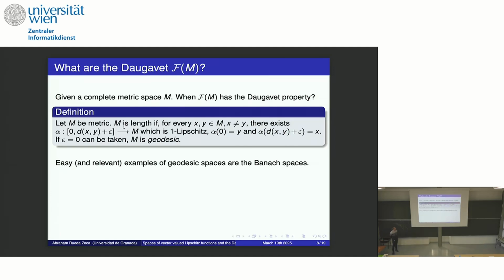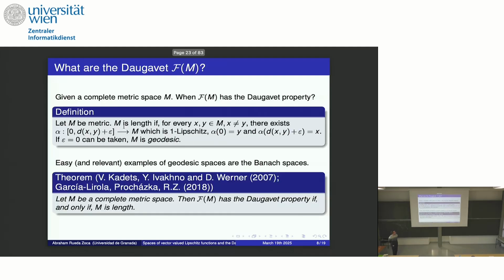Okay, and the role that length spaces play in this story is that, as a consequence of a collaborative effort in two papers, a paper by Kadets, Martín, and Dirk Werner, where some results were proved, and completed later by García-Lirola, Procházka, and myself, it is proved that for a complete metric space M, F(M) has the Daugavet property if and only if M is length, that is, every pair of points can be approximated in distance by the length of curves joining them.